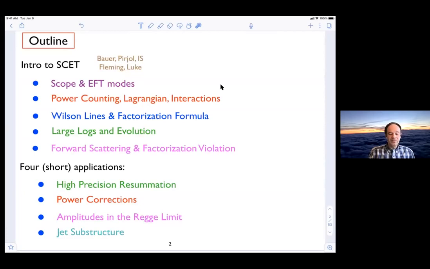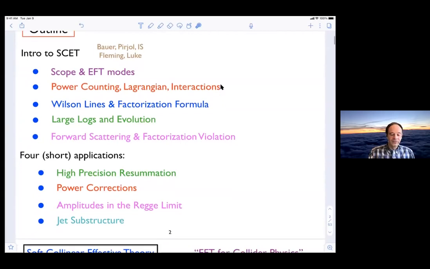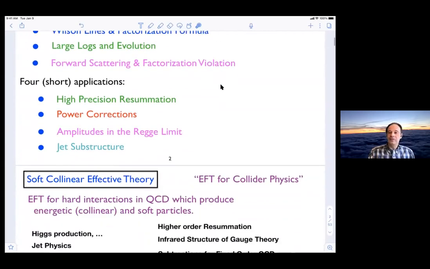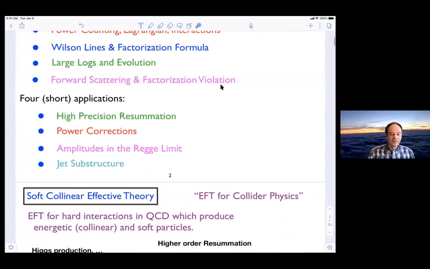So the applications will be to high precision resummation, to the description of power corrections beyond leading order in the EFT, something about the Regge limit, and then something about jets, but not just jets, but inside jets, known as jet substructure. So please, as I go through my talk, if you have a question, feel free to interrupt. And if I don't get through all four applications, that's totally fine.